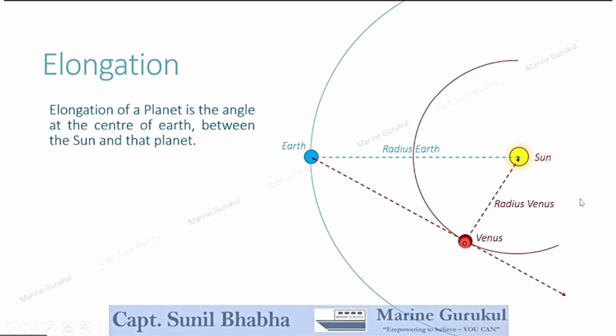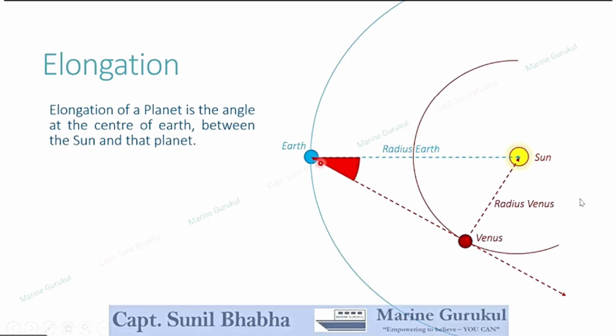Now from this diagram we can easily understand what elongation is. You see this red highlighted angle in the diagram is what is elongation. Let's try to match with the definition of elongation. The definition says elongation of a planet is the angle at the center of the Earth.